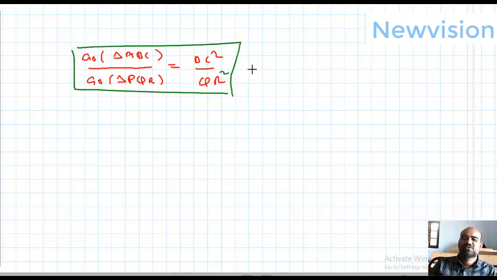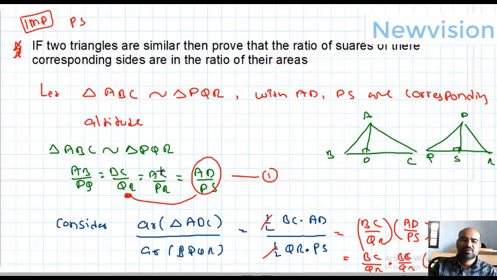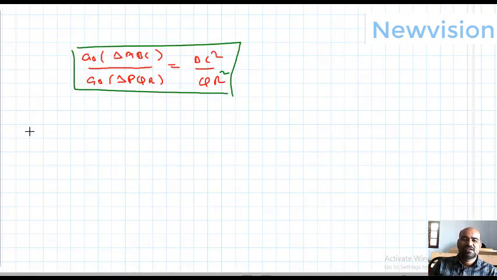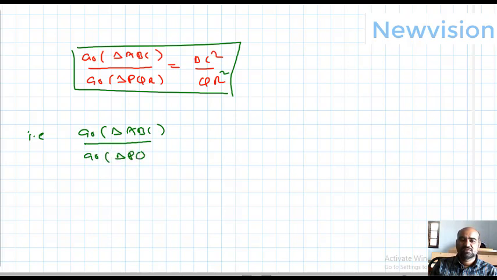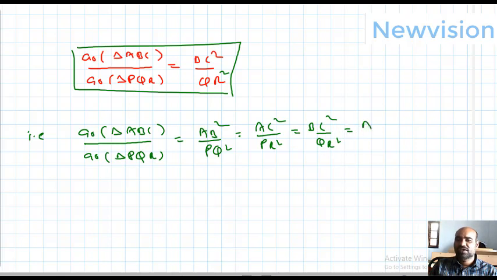Already BC by QR means AB by PQ, or AC by PR, or AD by PS. So area of triangle ABC by area of triangle PQR equals AB square by PQ square equals AC square by PR square, also equal to BC square by QR square, also equal to AD square by PS square, where AD and PS are corresponding altitudes.